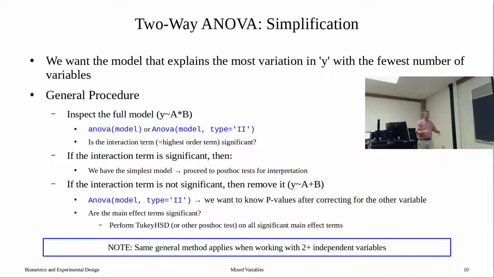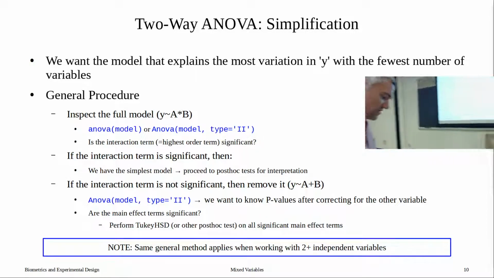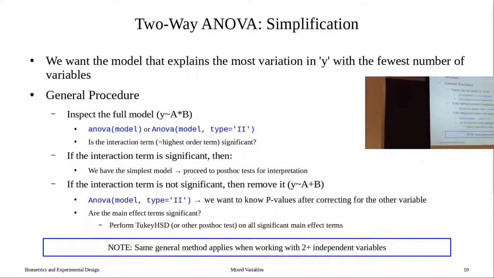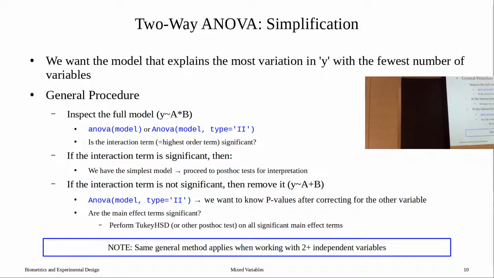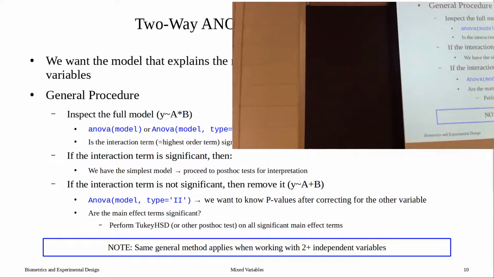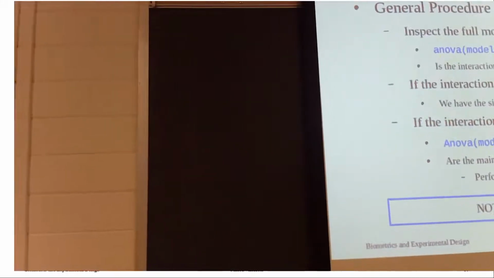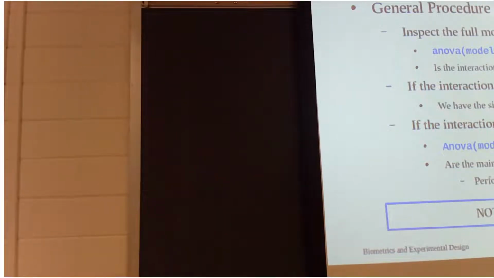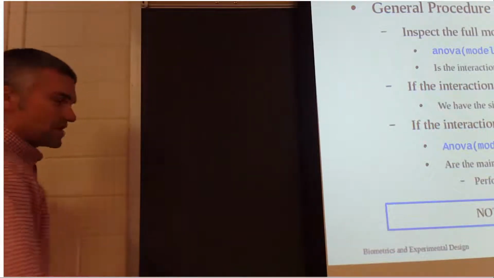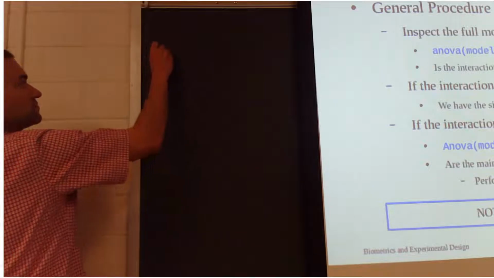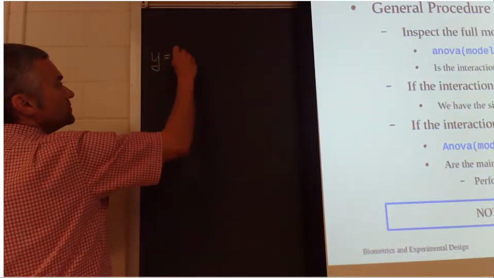All right? So, I think I could do this. Let me just kind of diagram out some models and just kind of show you this basic process. All right, so we're going to use A and B. We have some model.